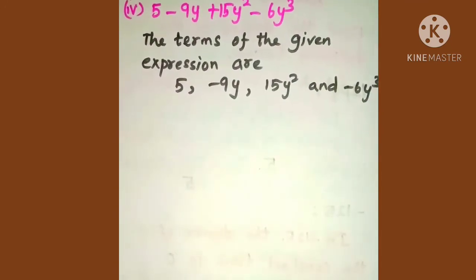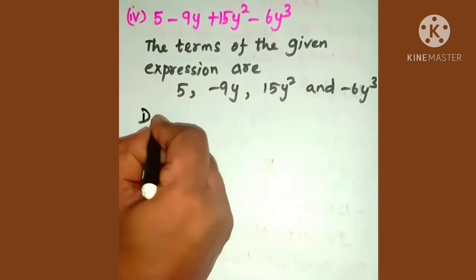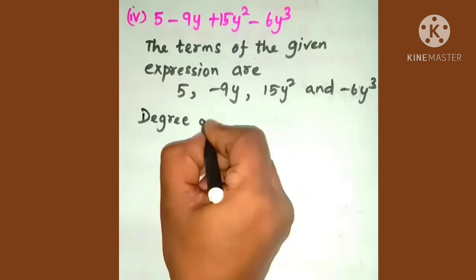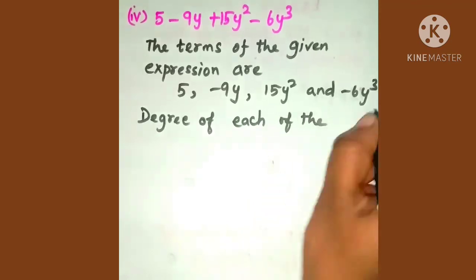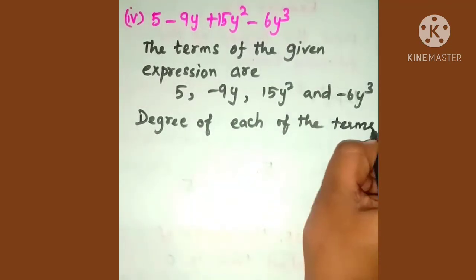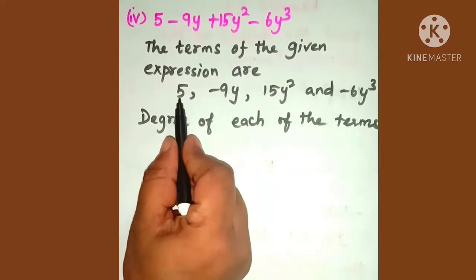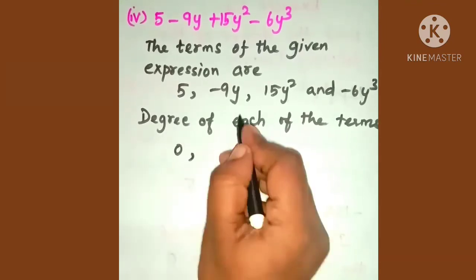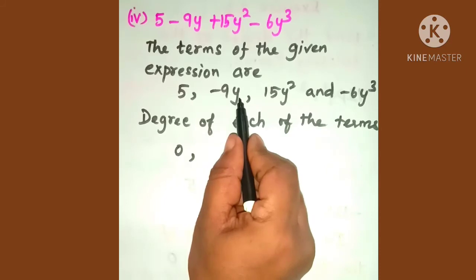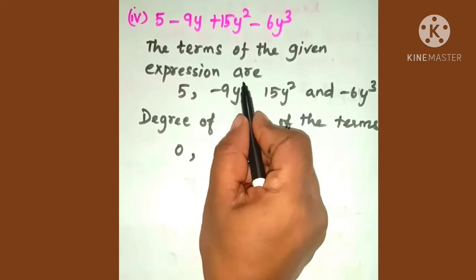As a next step, students, find the degree of each of the terms. So what will be the degree of the constant term? That is 0. And the degree of minus 9y is, there is no power.